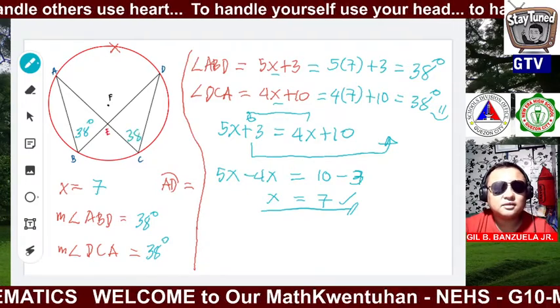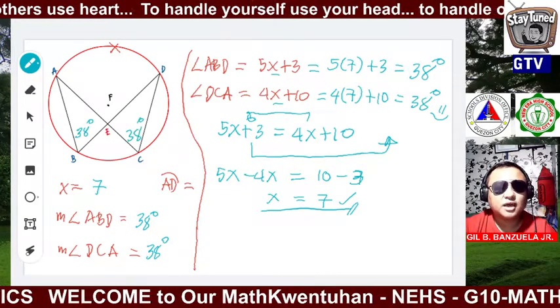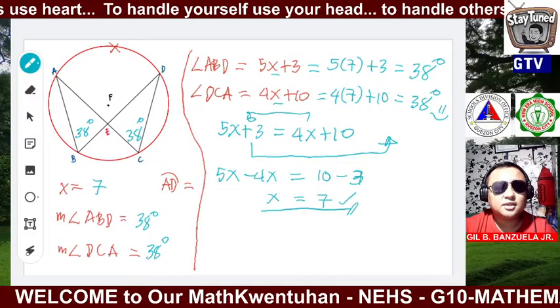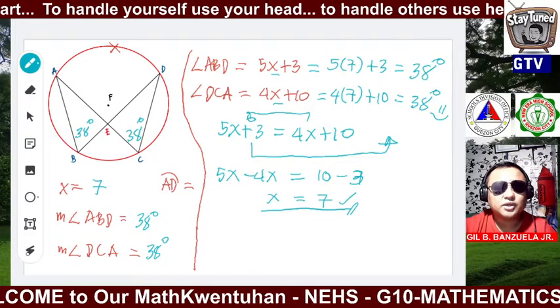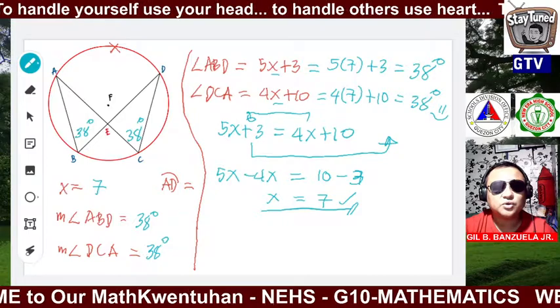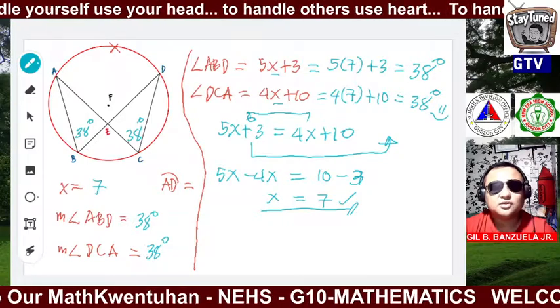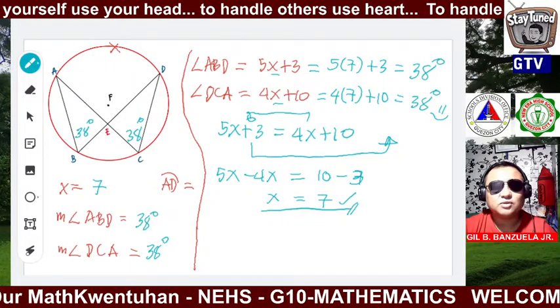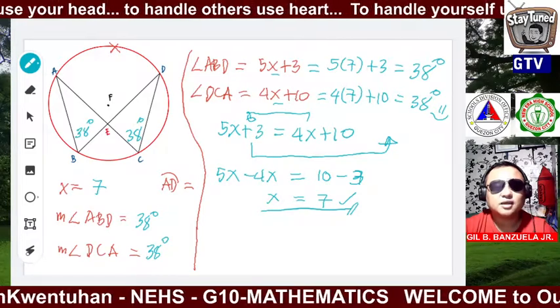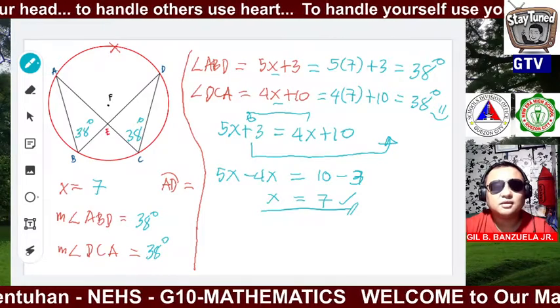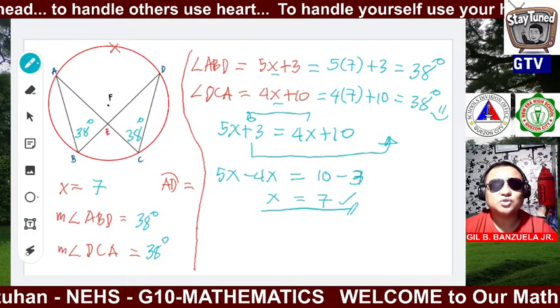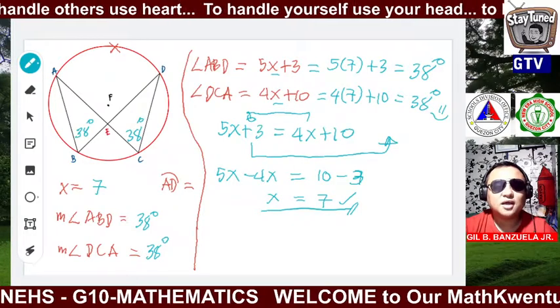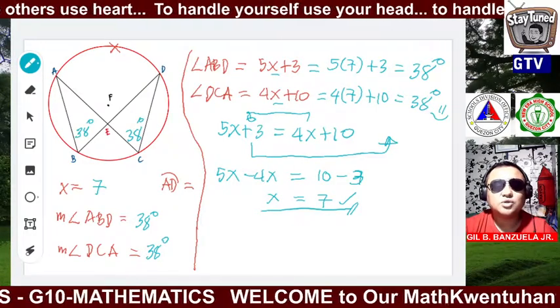Alright. Now, since the measure of the inscribed angles ABD and DCA is equal to 38 degrees, what is the measure of arc AD? So ano bang sabi tungkol sa relationship ng isang inscribed angle sa intercepted arc? Okay, so times 2 ng inscribed angle measure yung measure ng arc AD.